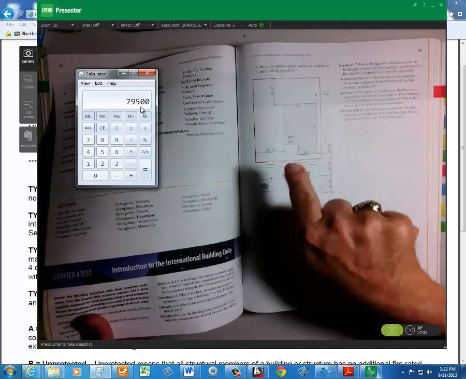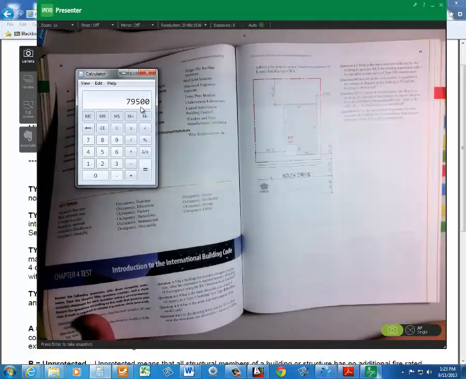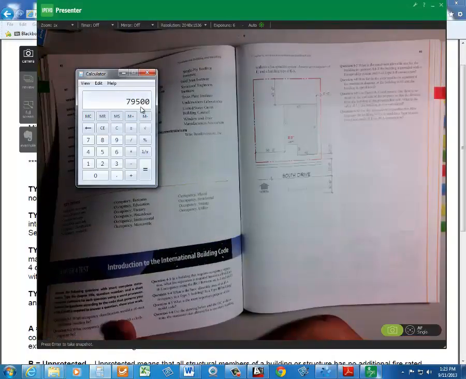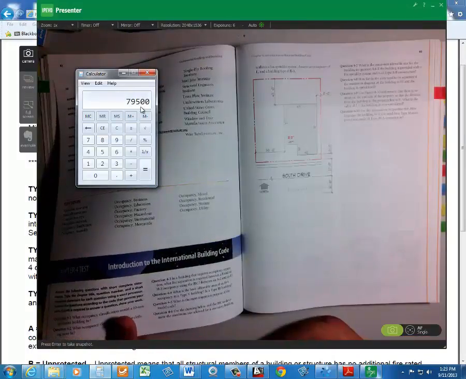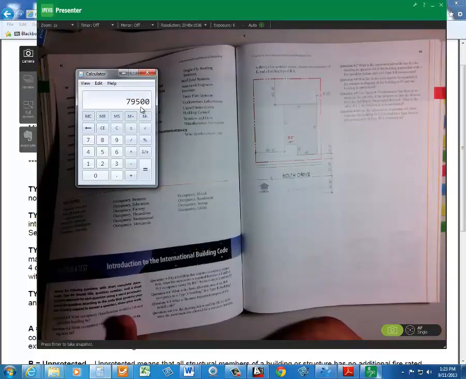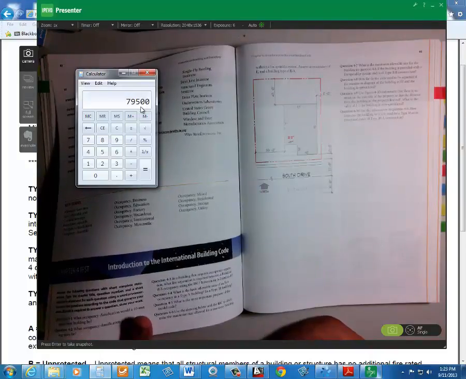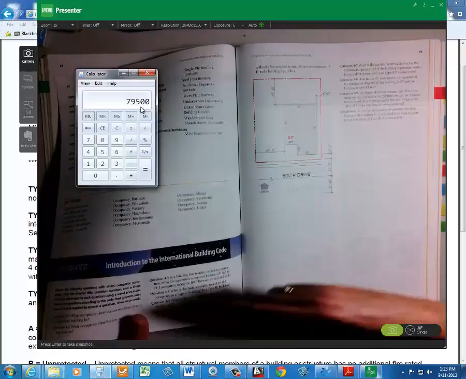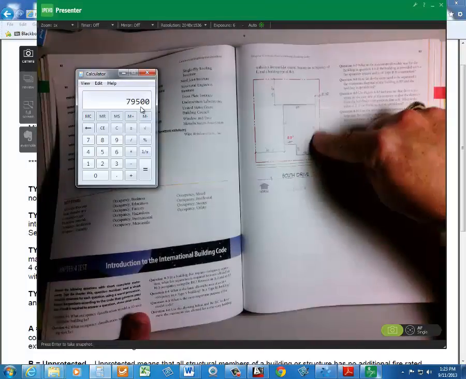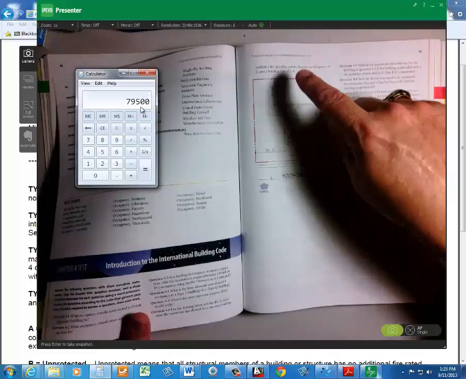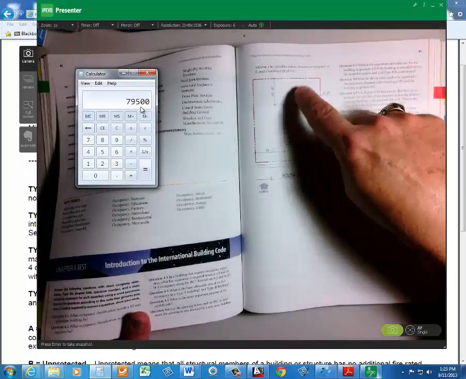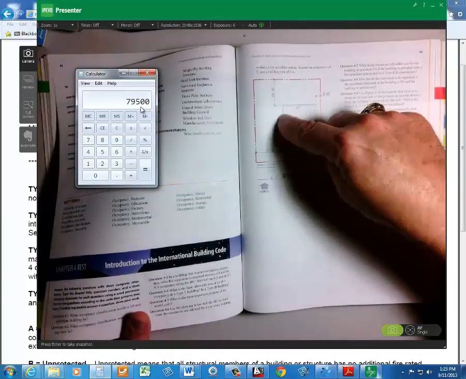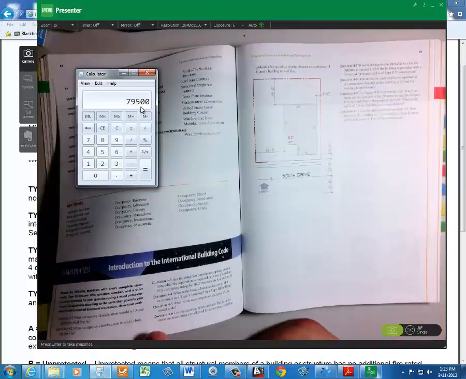So north, west, and south yards. The smallest yard is 45 feet. The total perimeter of the building, then, we don't count this. We just count the north facing wall, the west facing, and the south facing walls.